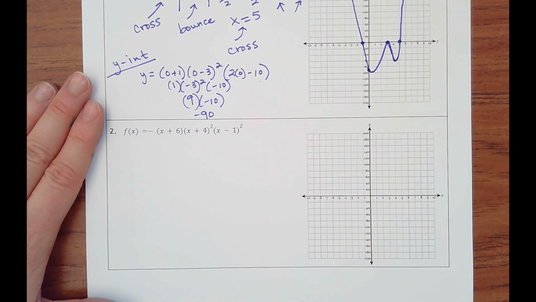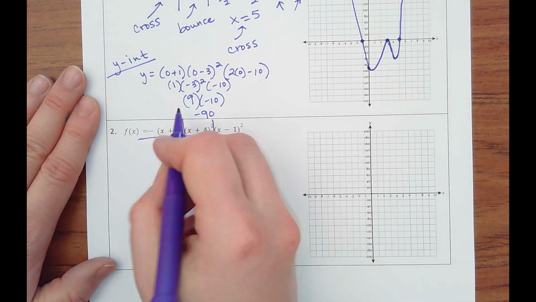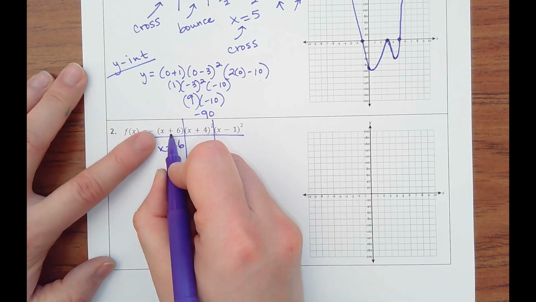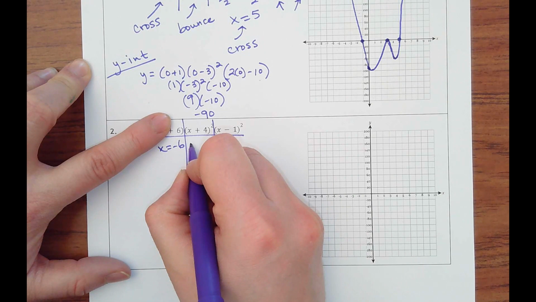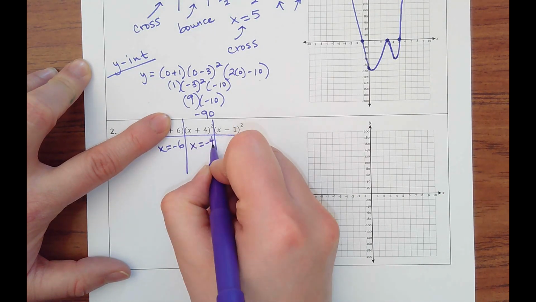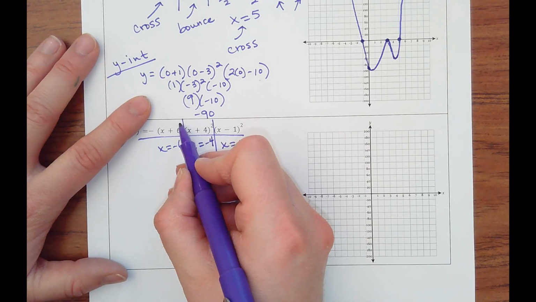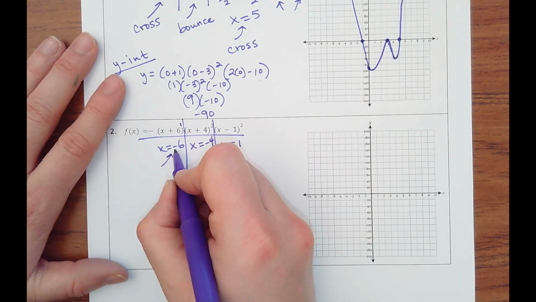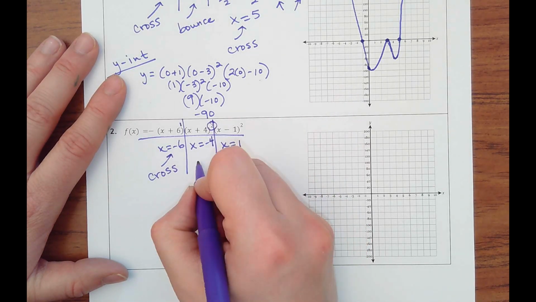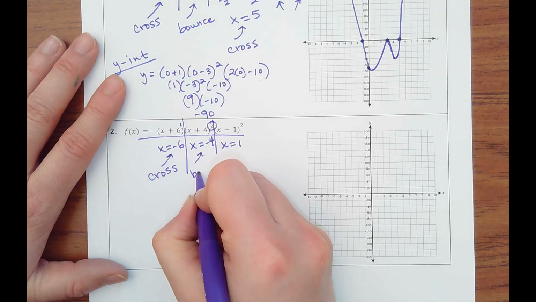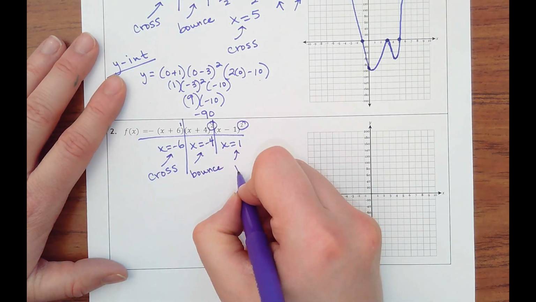All right, number 2. Let's try to go a little faster. Find your zeros. This would be -6. Don't worry about the negative in front because it doesn't have an x with it. We've got -4, and we've got +1. What's going to happen at each of those? At the -6, it's just going to cross. Our multiplicity is 2 at the -4, so it's going to bounce. And our multiplicity is 2 at 1, so it's also going to bounce.